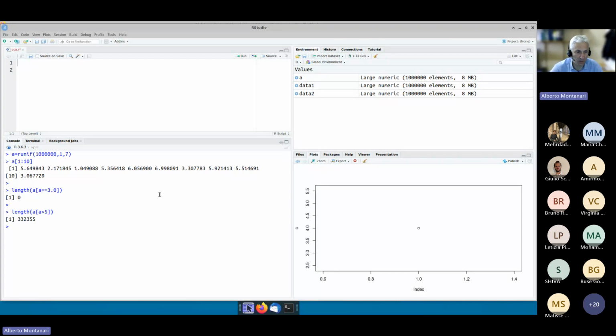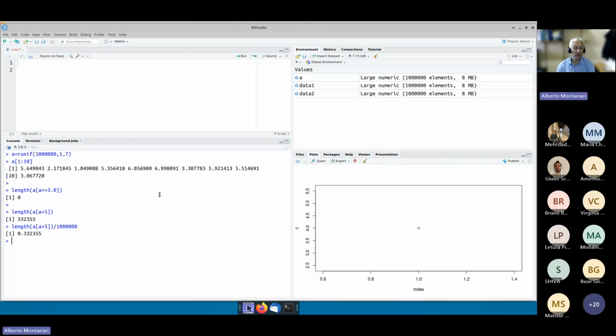And you see that I get a probability. If I divide by 1 million, the probability is 0.33, not surprisingly. It's 0.16 times 2.